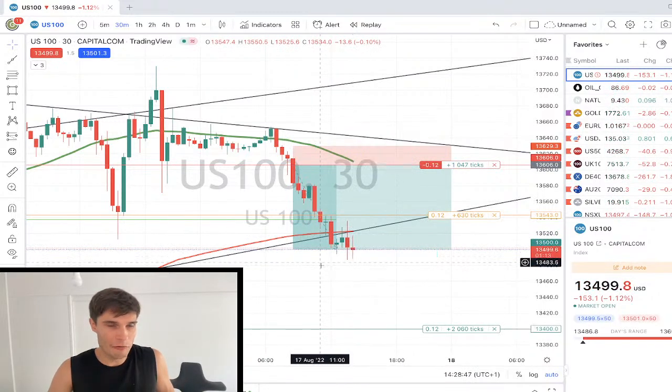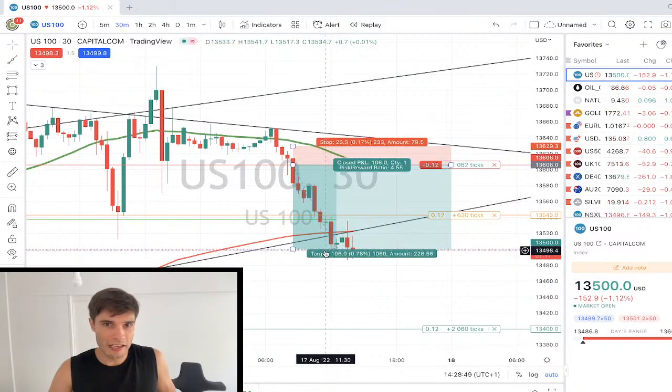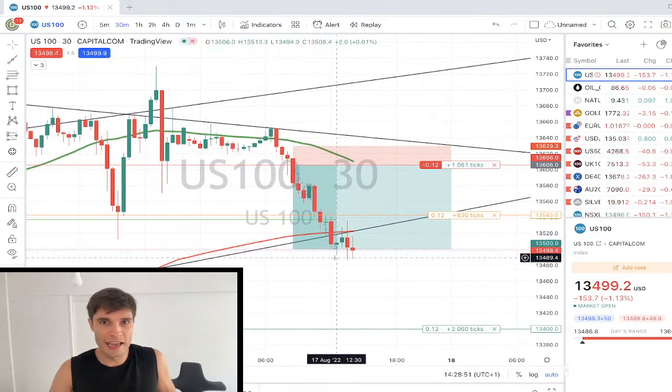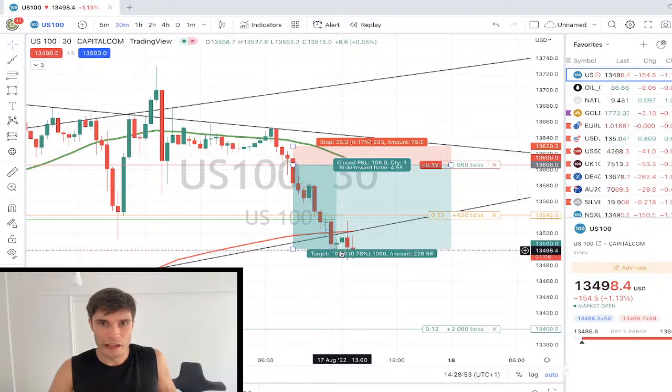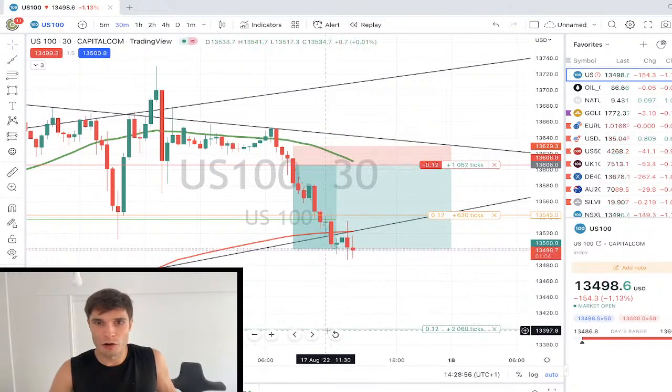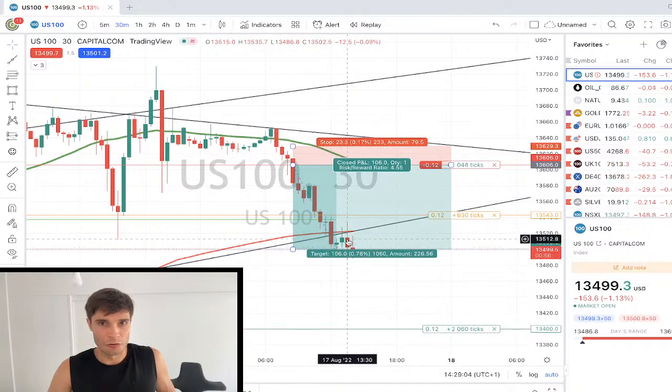If you're looking at the chart right now and you're new, it looks like it hit my take profit, but keep in mind I am still in this trade. I just removed my take profit and stretched the stop loss because I think there is more potential. My exit strategy is to look at the last 3 candles, take the high of those candles, and put the stop loss just above it.